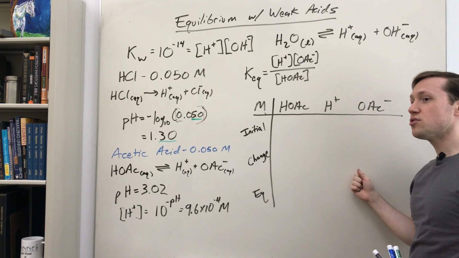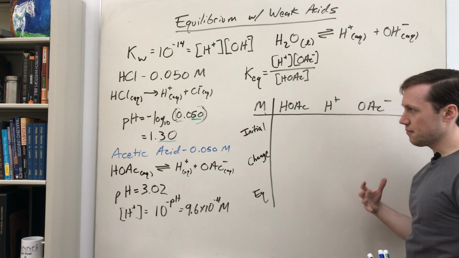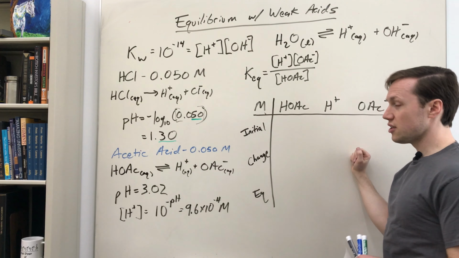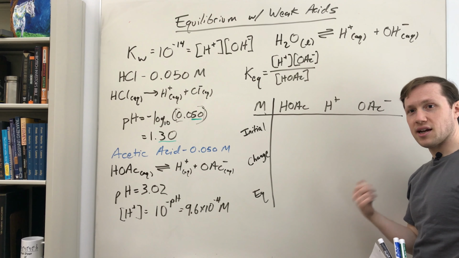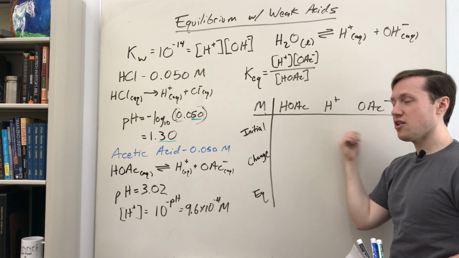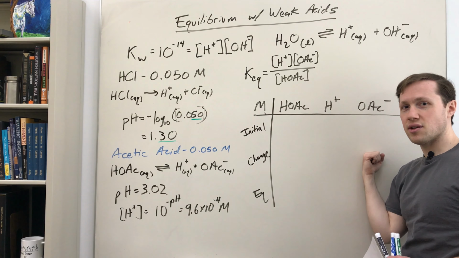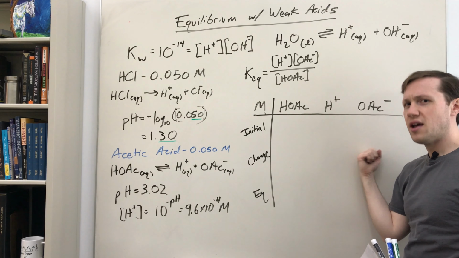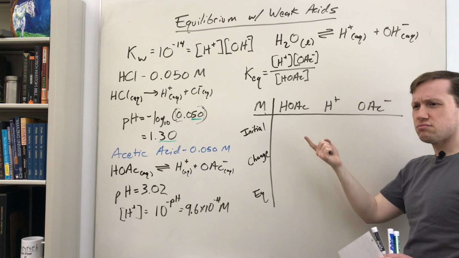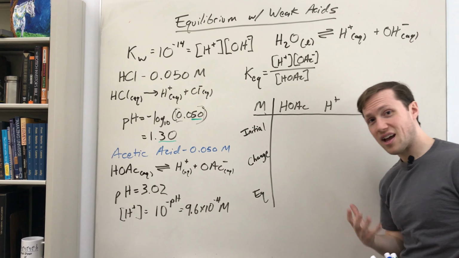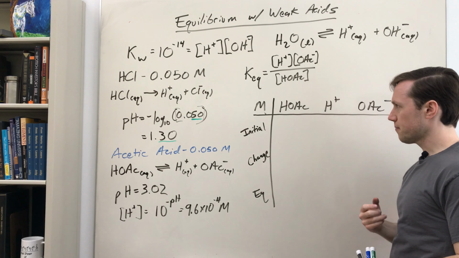Not a bad idea, but you do want to keep in mind, particularly if you're someone who used a table like this to solve limiting and excess problems, in the past you may have been filling in numbers in a table like this that were moles instead. So do keep those units in the back of your head as you work through this problem.